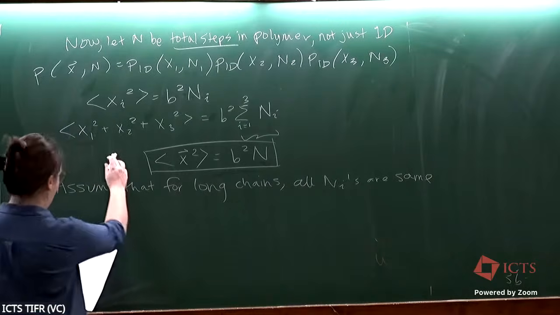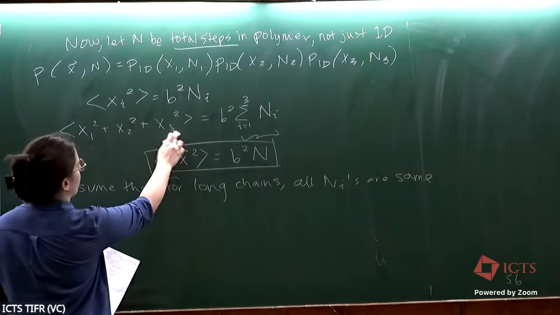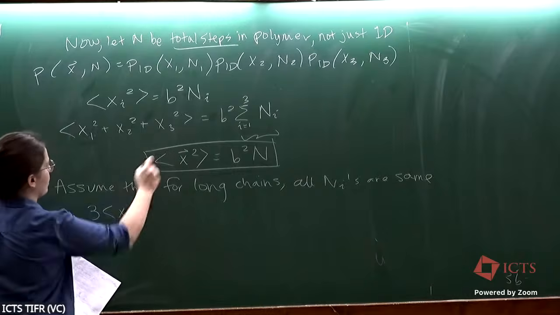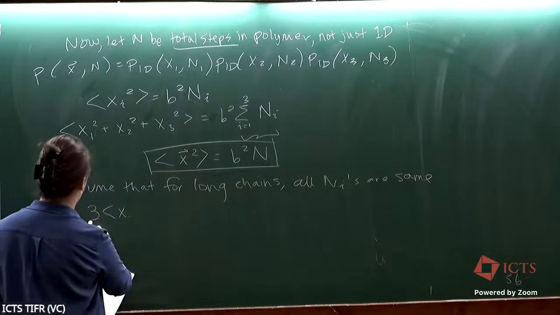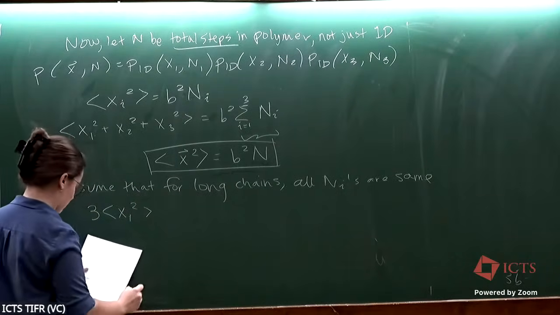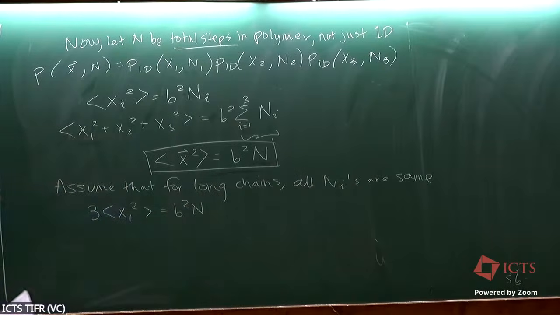And when we do that, we can realize that this can be broken into the product of, if all of these n_i's are the same, then x1 squared, it could be anything we wanted it to be, equal to b squared n. If all of these are the same, this will be fine.